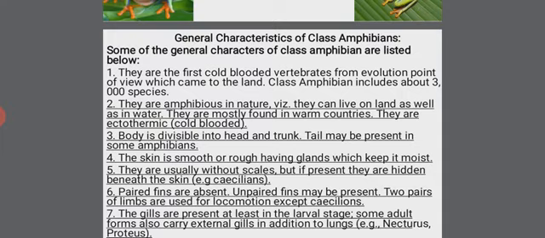In the larval stage, they breathe through gills, but when they metamorphose into adults, they start respiring through lungs. However, in some amphibians, like Necturus, Proteus or the mud puppy, they have external gills also.